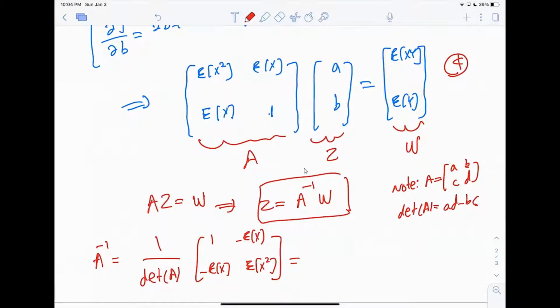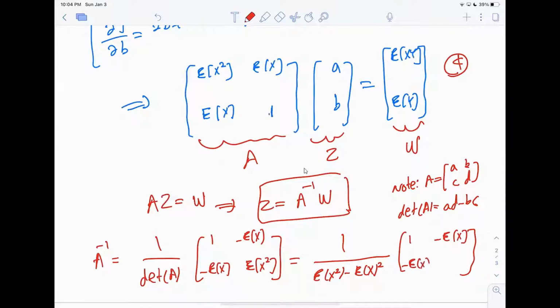Great. So what's going to be the determinant of A? It's going to have a very interesting form. E[x²] minus E[x]². Right? These two are different. 1, negative E[x], negative E[x], E[x²]. Good.